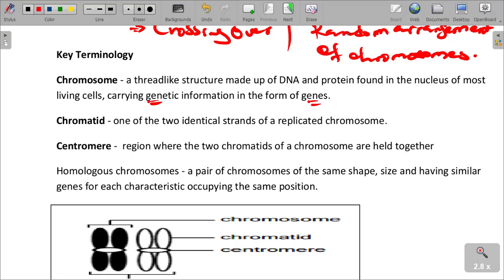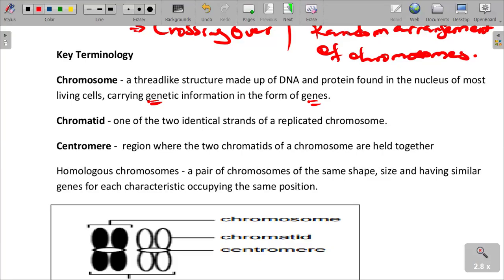When organisms reproduce, characteristics are passed from parents to offspring because of chromosomes. Chromosomes are protein-like structures that carry the DNA.